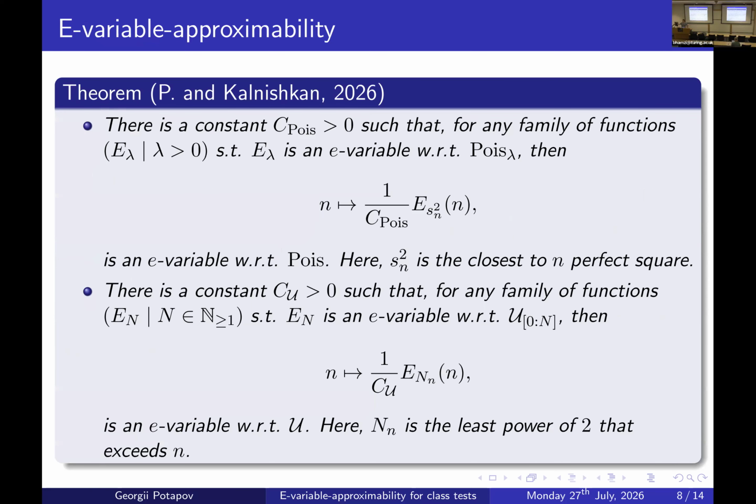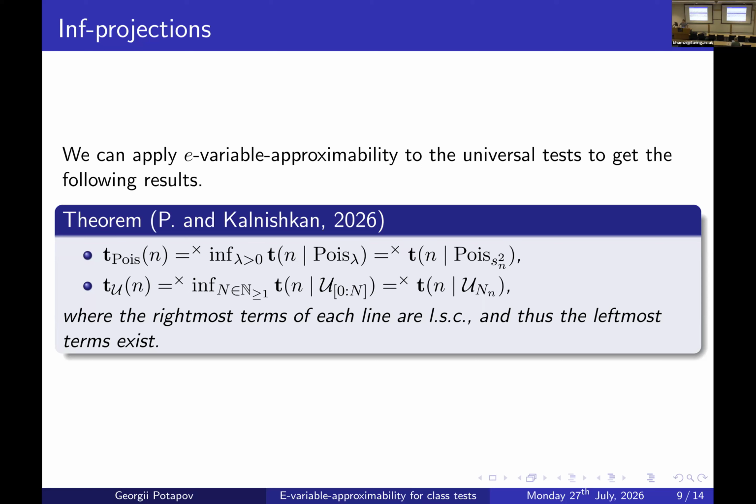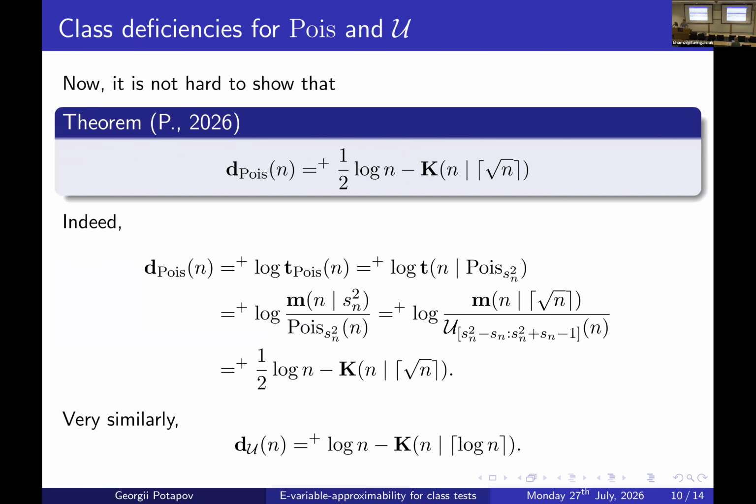And so we can use these properties, E-Variable-Approximability, to show that universal class tests for Poisson distributions and for uniform distributions exist, and they have a nice expression in terms of estimating the correct parameter.